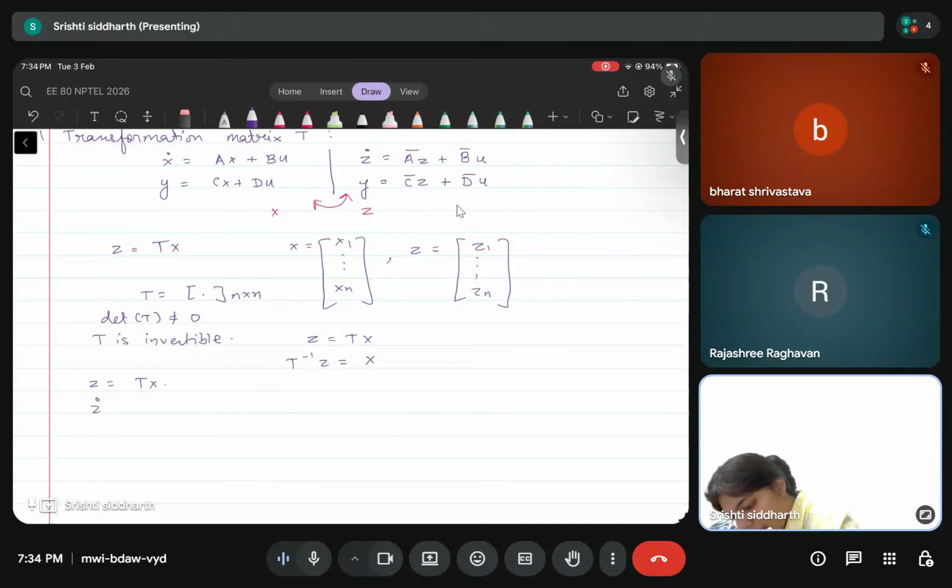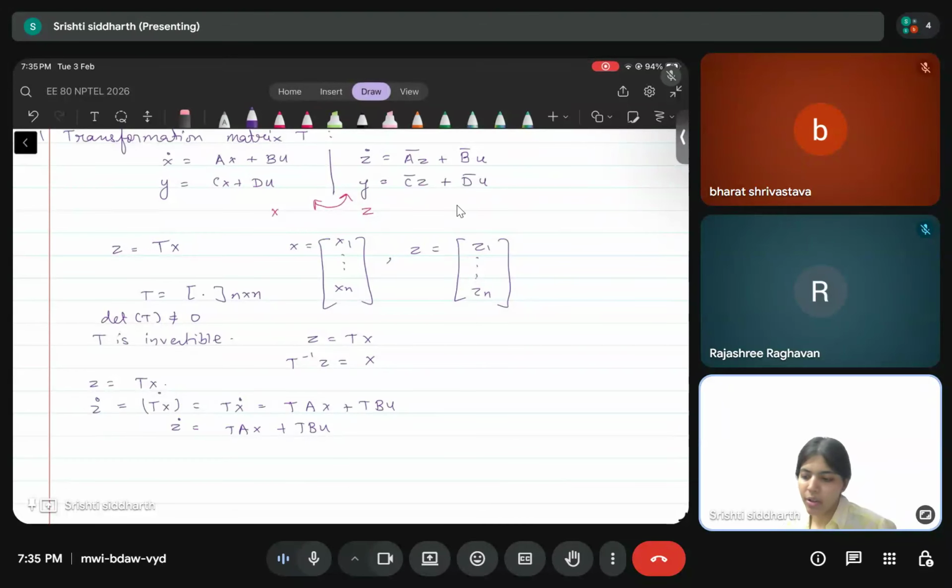And if we take the derivative, z dot equals, and let's assume that T is a constant matrix, right? It does not have time dependent terms. So this is simply T x dot. And let's substitute x dot. So this is TAx plus TBu. Now, if it's a state space model in z, then z dot should have terms in z, right?